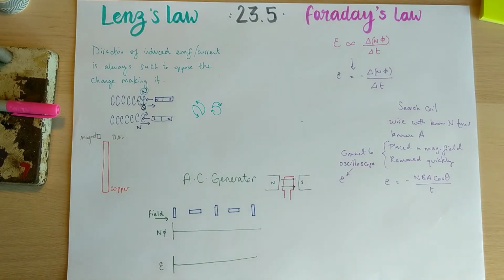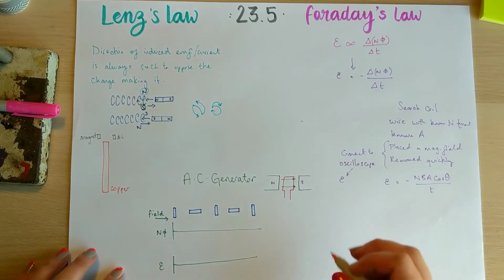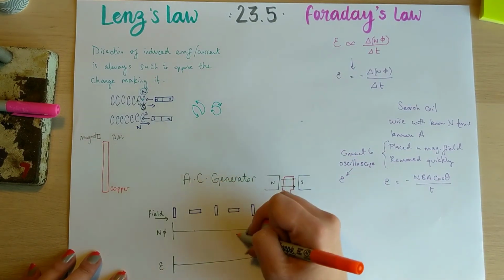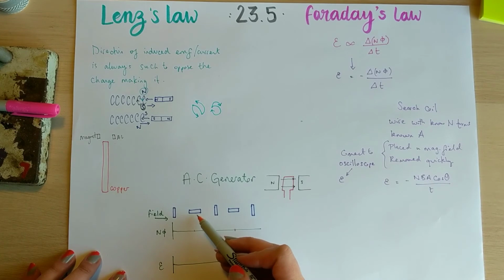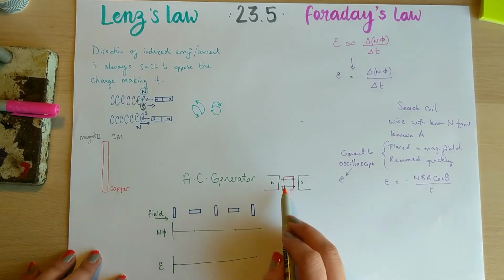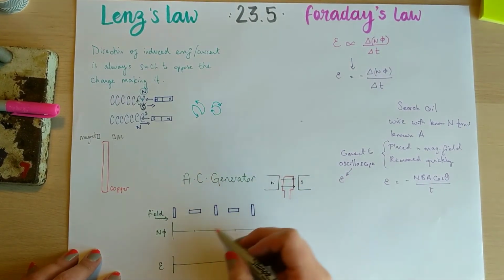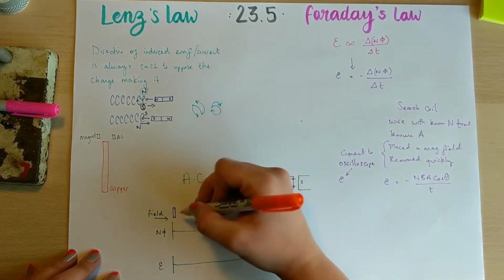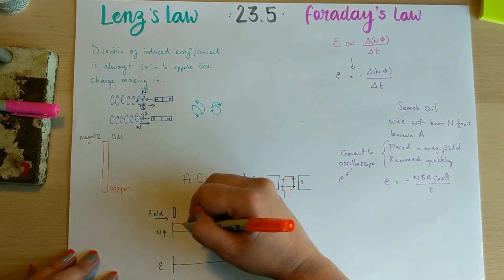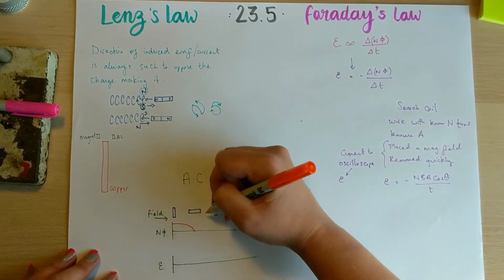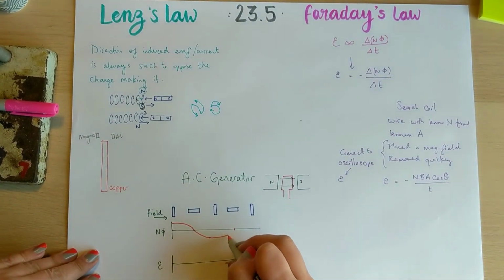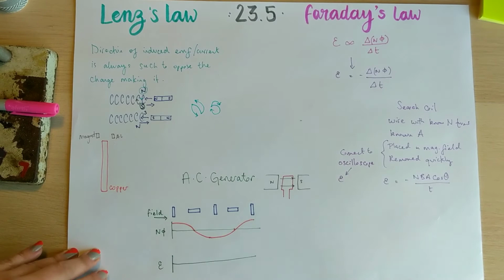The flux linkage that we've got here has a relationship where, when the coil is parallel to the field lines, the flux linkage goes through zero. So it goes from a maximum through zero to a maximum negative, through zero to a maximum again.